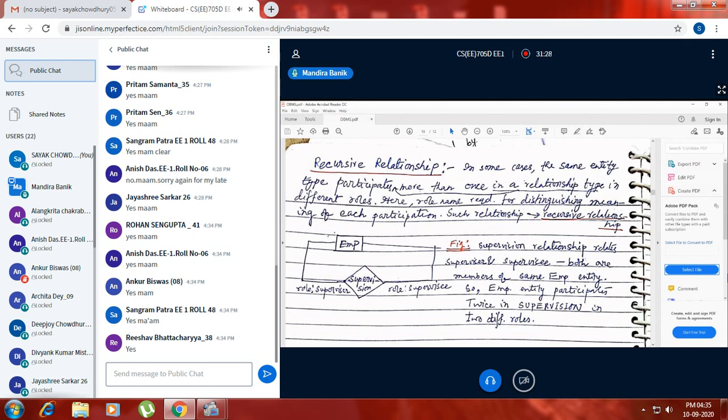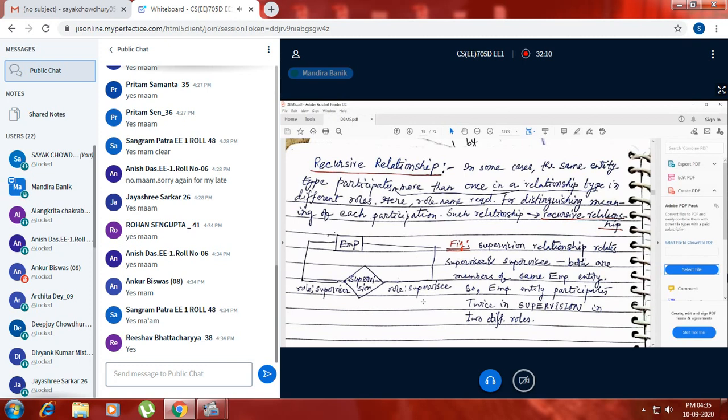The relationship between supervisor and supervisee is supervision, that is, supervisor supervises supervisee, or you can say that HOD manages faculties. I'm giving you a simple example. HOD manages faculties. So HOD is here the supervisor and faculties are the supervisee. And HOD supervises or manages the faculties.